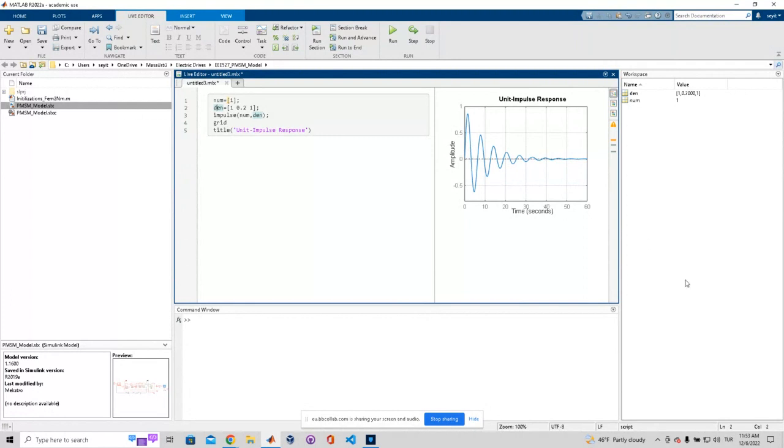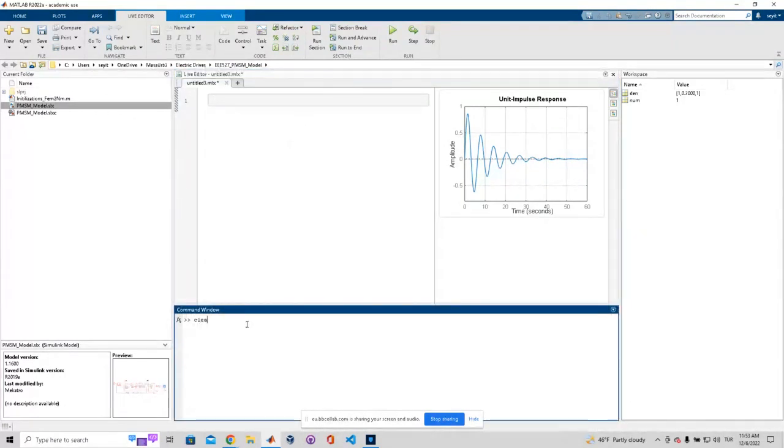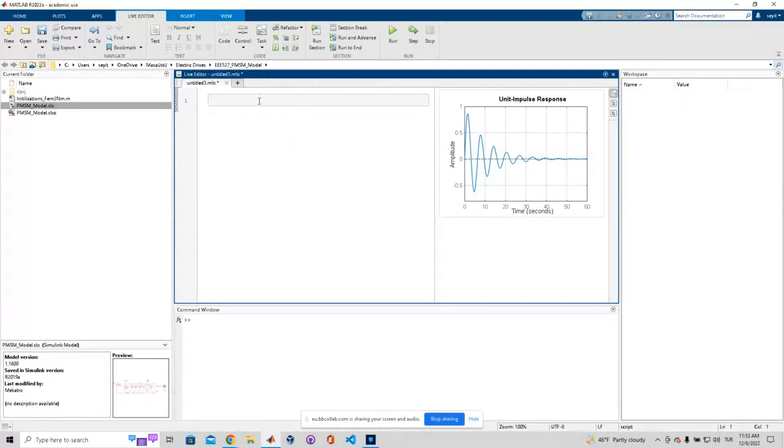For the ramp response, let's again clear out that sheet. Clear the data sheet, and then first we need to define our numerator and denominator again. For this one, let's say 10 to 4, and your denominator.